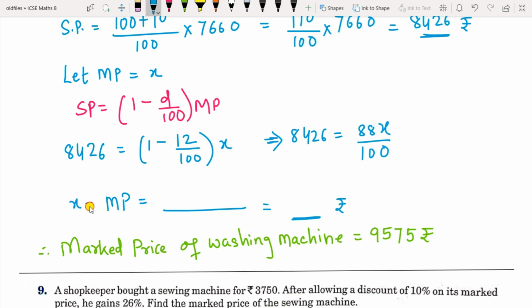So here X, that is mark price, equal to 8426 into 100 divided by 88. You get the answer as 9575 rupees. Right? So this is the mark price of the washing machine.